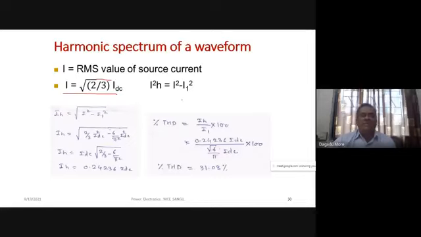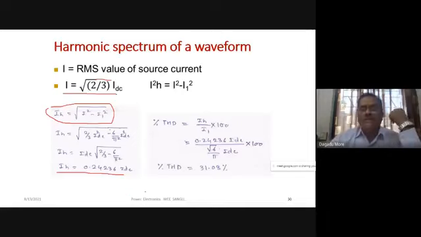We find IH with the formula IH equals the square root of I squared minus I1 squared. Putting in the values, you simplify that, and IH comes out to be 0.242 IDC.